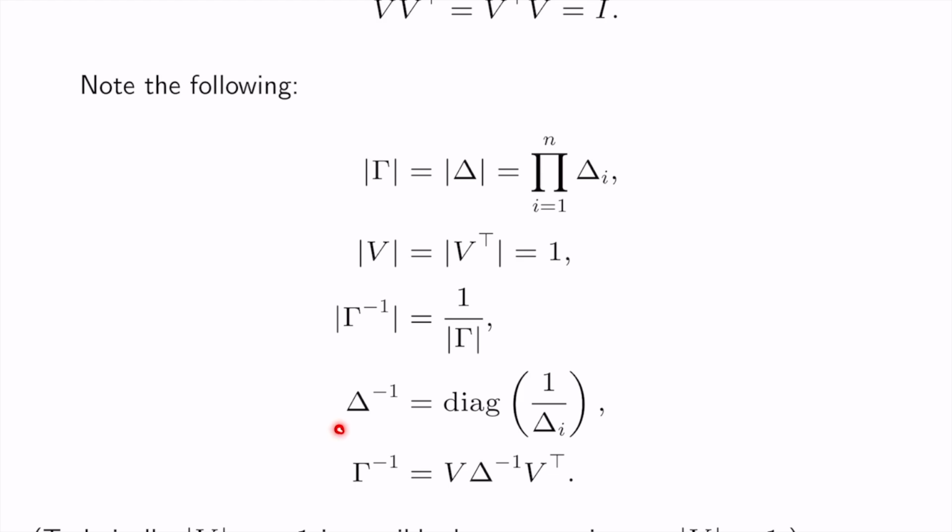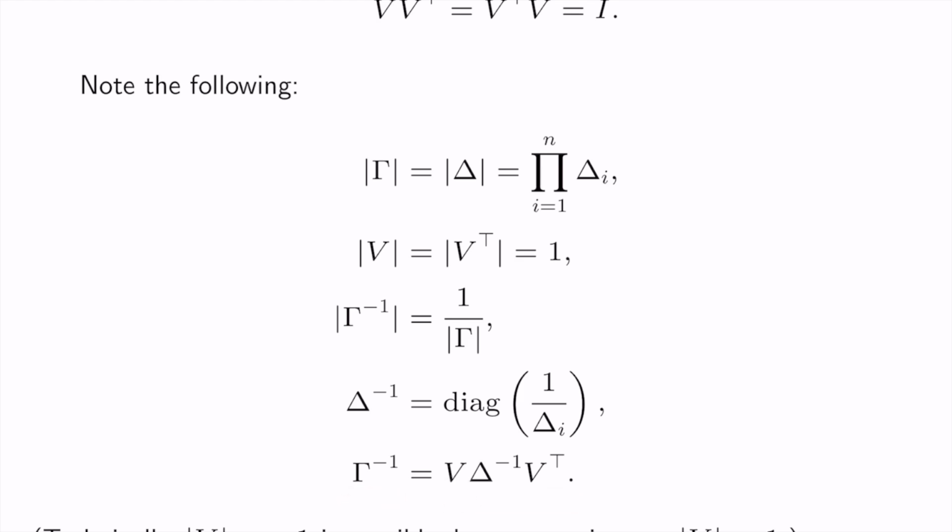And the inverse matrix, delta inverse, is equal to a diagonal matrix whose diagonal elements are 1 over delta i, where delta i is an eigenvalue. And the inverse matrix of gamma can be expressed as this.